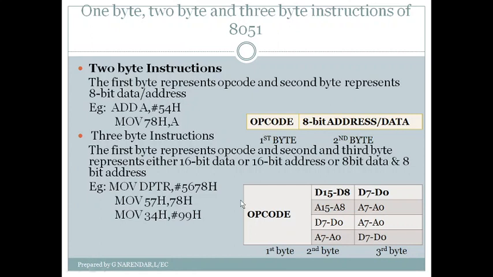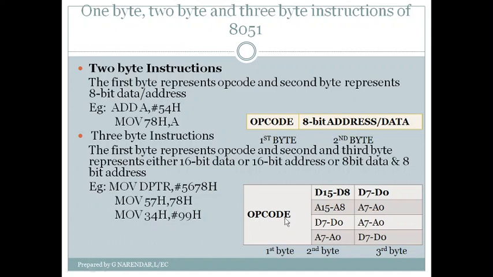So this is opcode, 8-bit address, 8-bit address. And the next type is MOV 34H comma hash 99H. So hash 99H is the data, 34H is the address. MOV takes 1 byte, 34H is 1 byte of address, 99H is 1 byte of data.